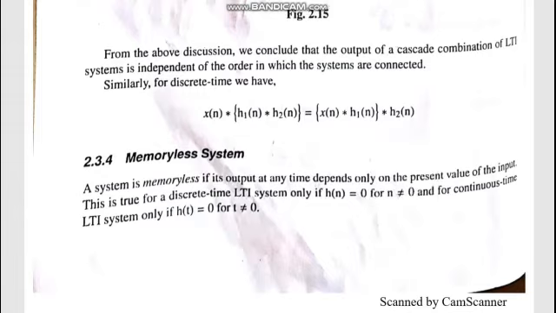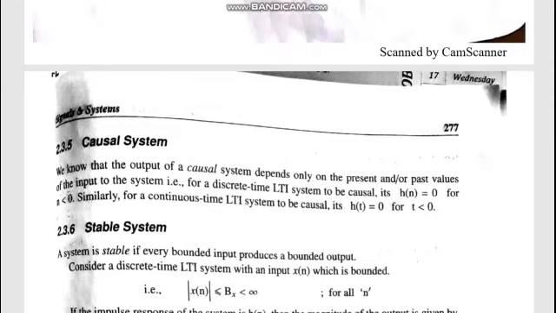The other property here is the memoryless system. A system is said to be memoryless if its output depends only on the present value of the input. Already this property we have studied. What is a causal system? A causal system depends only on the present or the past values.